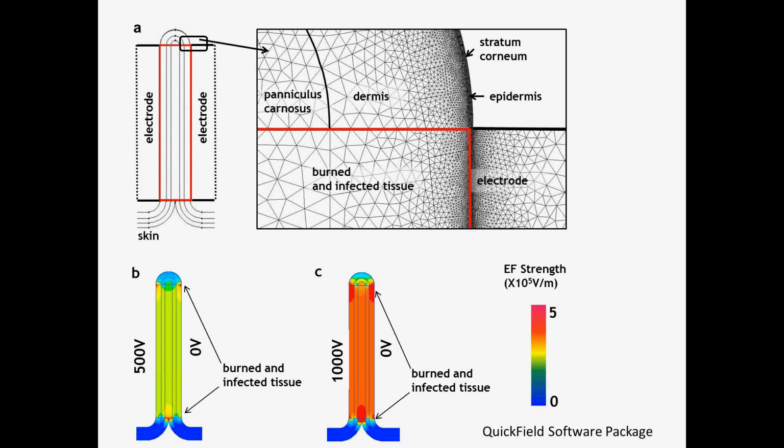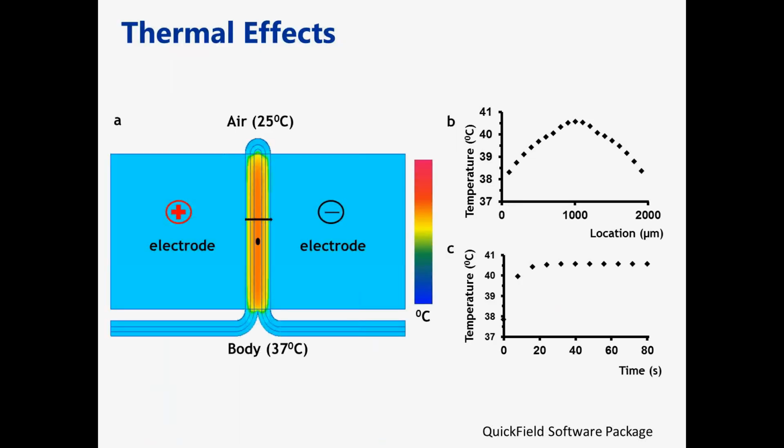However, the question which we also always get is whether this treatment is really non-thermal. And so using QuickField again, we modeled the coupling problem of the electrothermal effects of the pulse fields. So here are just the results. We have our skin model, and this is our skin flap again in the center, and then we have the left and right electrodes.